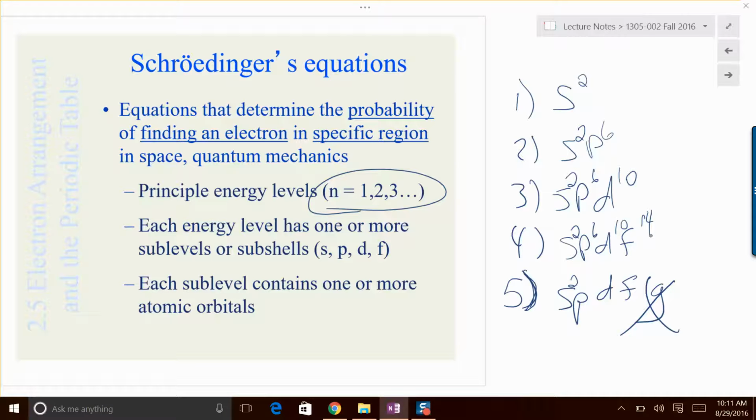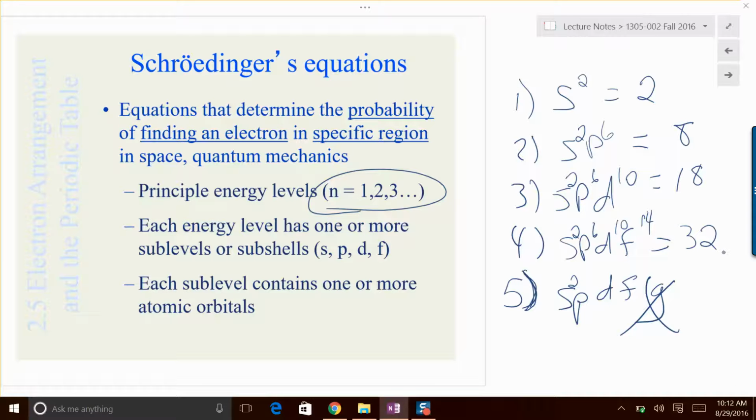So, if you were asked the question, how many total electrons can the first principal energy level hold, what would you say? 2. The second? 8. The third? 18. The fourth? 32. Okay? That's how many electrons each of those can hold.